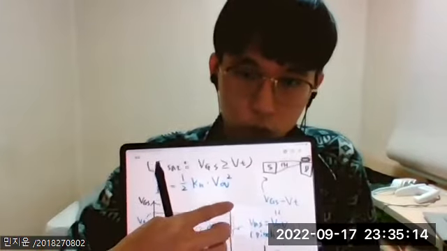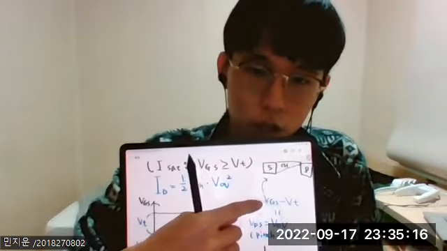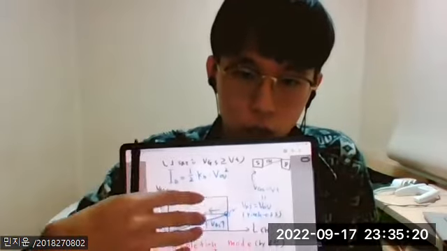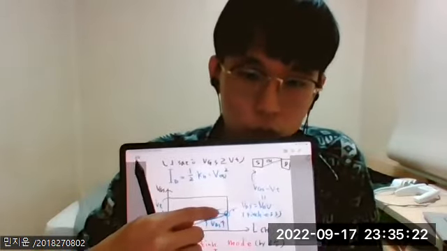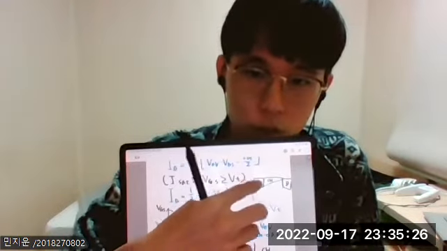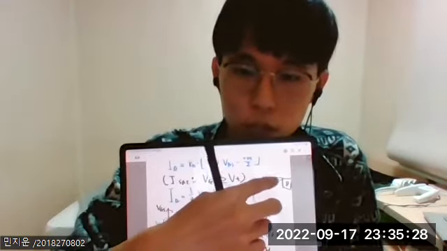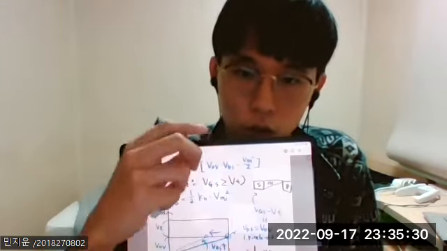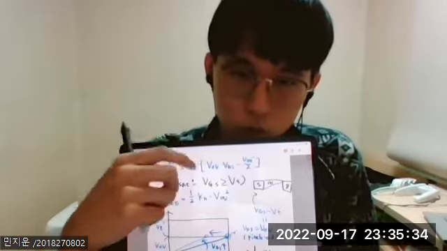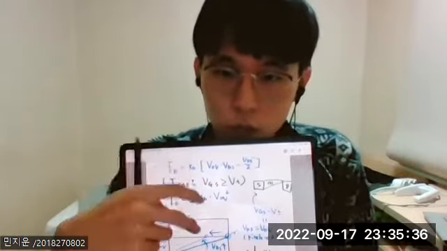The overdrive voltage is gate voltage minus threshold voltage. At this point, pinch off occurs. This is pinch off. The edge of the channel exists at the surface of the drain.